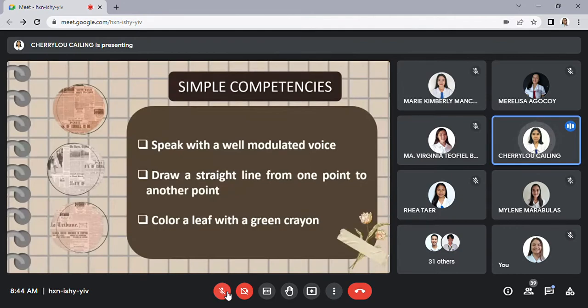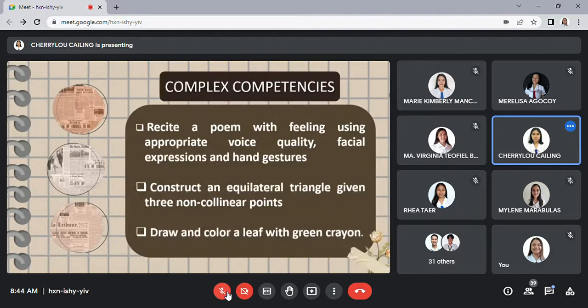Third, color a leaf with a green crayon. While these are the complex competencies: recite a poem with feeling using appropriate voice quality, facial expressions, and hand gestures; construct an equilateral triangle given three non-collinear points; and draw and color a leaf with green crayon.